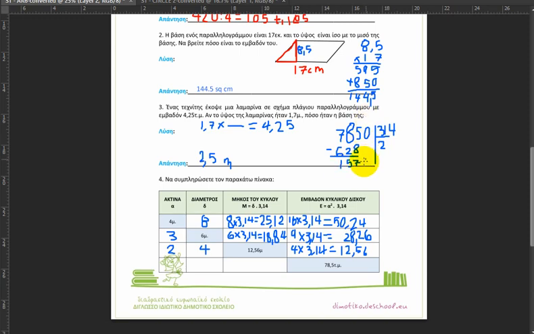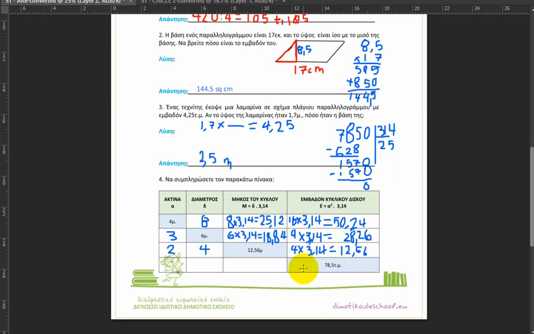Then I'm going to pull down the 0. And let's see, how many times does this fit into this? I'm going to say 5. Let's try 5. And indeed, if we do 5 times 314, we're going to get 1,570. Perfect. Now we do this subtraction, and we get 0.